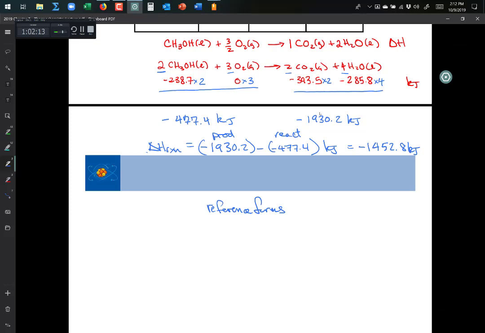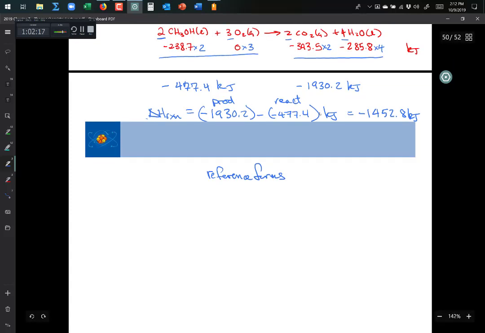Just a picture of what's going on, like I had the picture before. I have reactants. And to go from reference forms to reactants is minus 477.4 kilojoules. And to go to the products, this is minus 1,930.2 kilojoules.